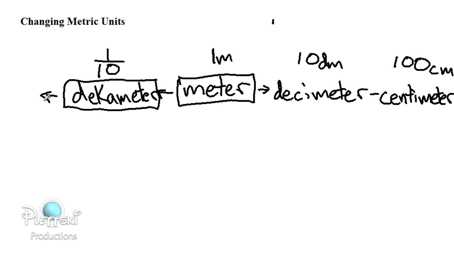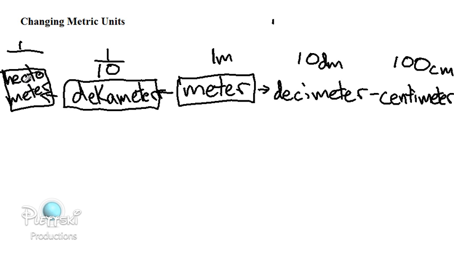And then to the left of that, we're going to put a hectometer. And I'm just using 2 lines to write this, but it's all one word. Hectometer. And a hectometer is actually larger than a decameter.